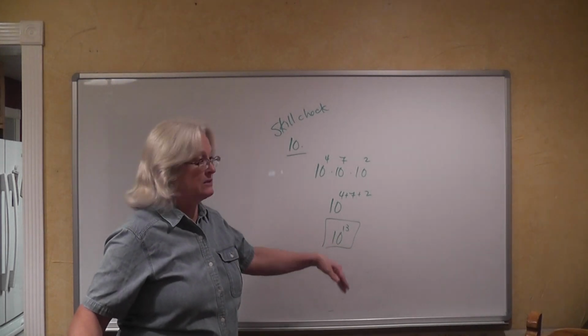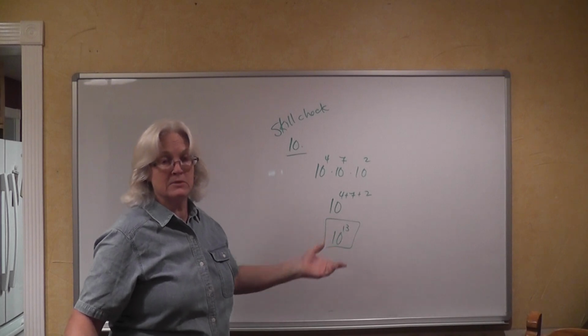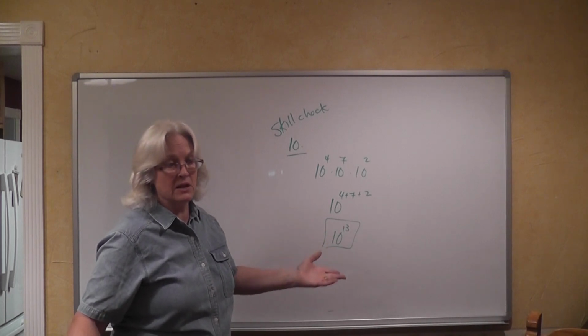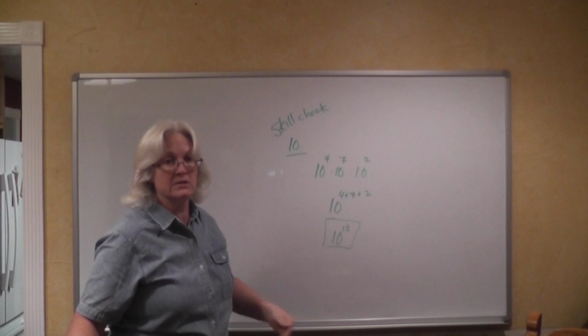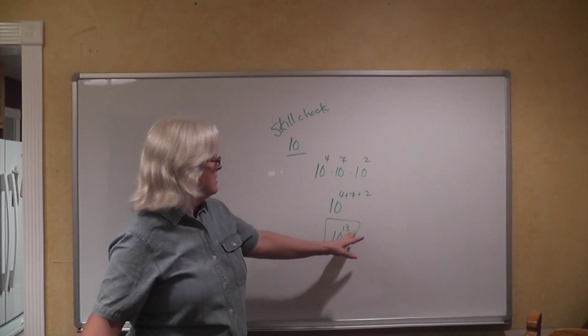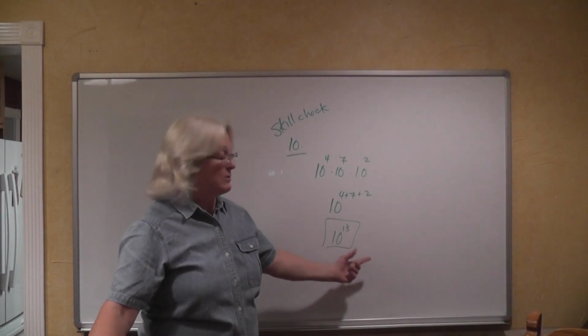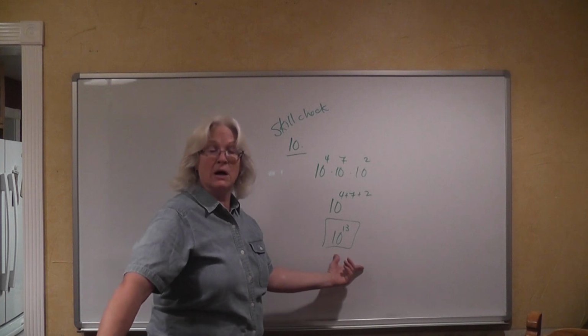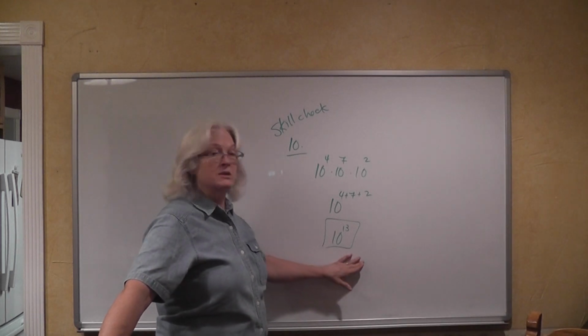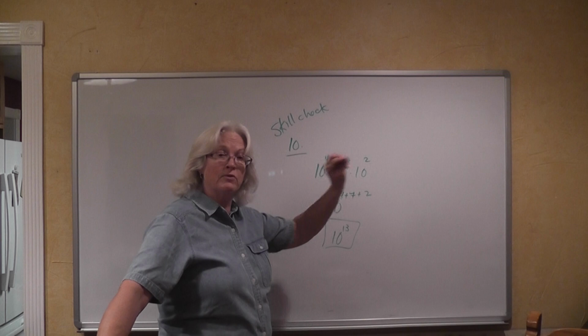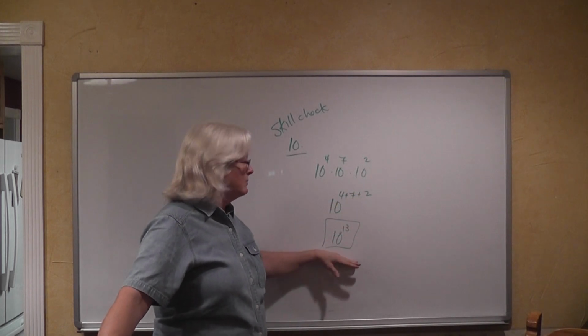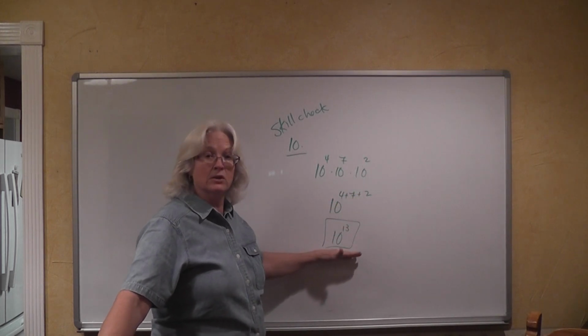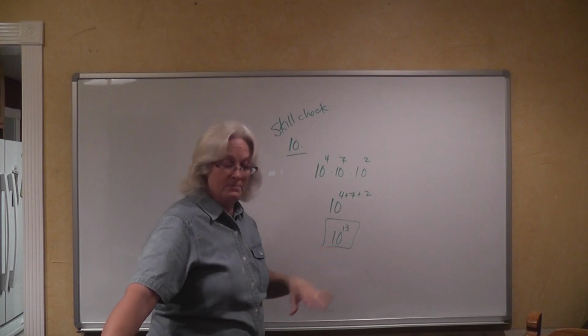They don't expect you to say 10 times 10 is 100, times 10 is 1,000, times 10 is 10,000, times 10 is 100,000, times 10 is 1,000,000. It wouldn't be a meaningful number. That's a benefit of using scientific notation. This 10 to the 13th right here is a very, very large number. Numbers of this size get used in science all of the time.